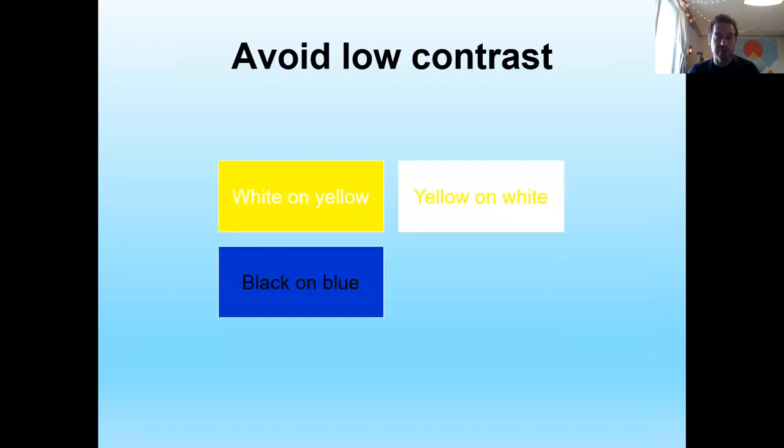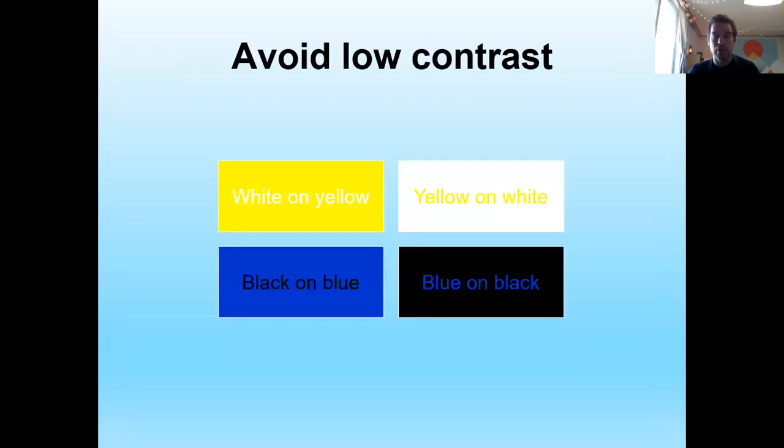Also avoid low contrast. So for example, white on yellow, yellow on white. Those are hard to read. Black on blue, blue on black. So it's better to have light, dark together, not two darks or two lights.